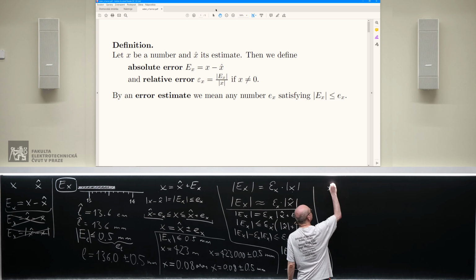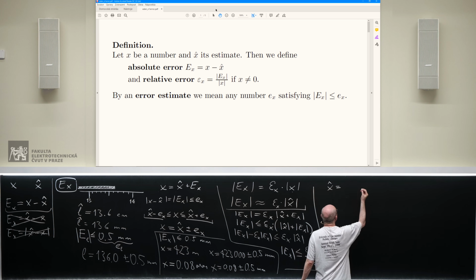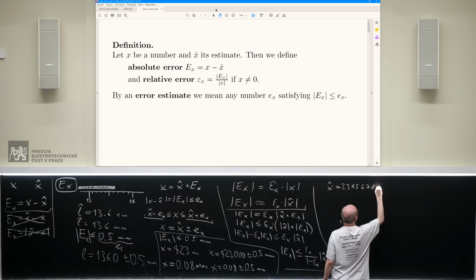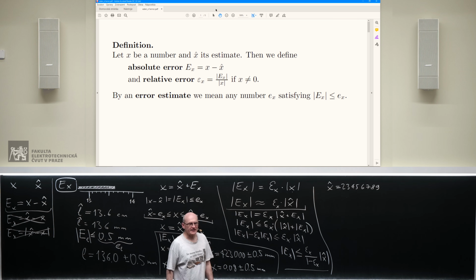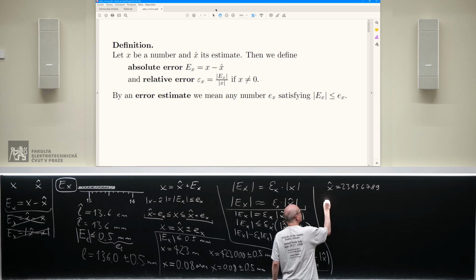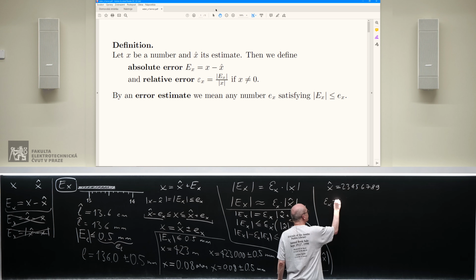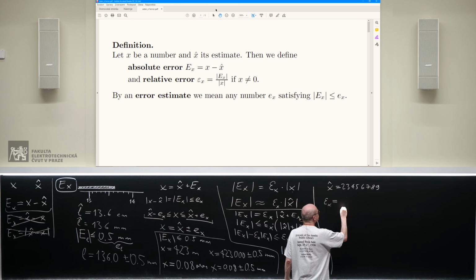Imagine that I measured something, and the answer which I obtained was, let's say, 2, 3, 4, 5, 6, 7, 8, 9. Let's make it nice. And then, from some source, I learn that the relative error is, I should write bounded, but let me write equality for simplicity, 1 over 100.